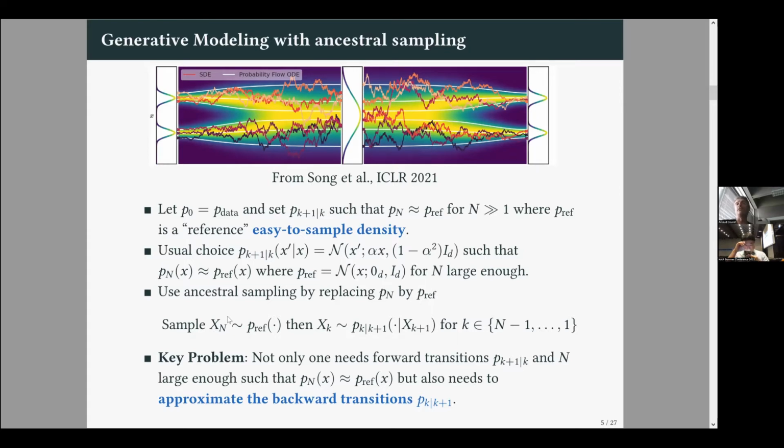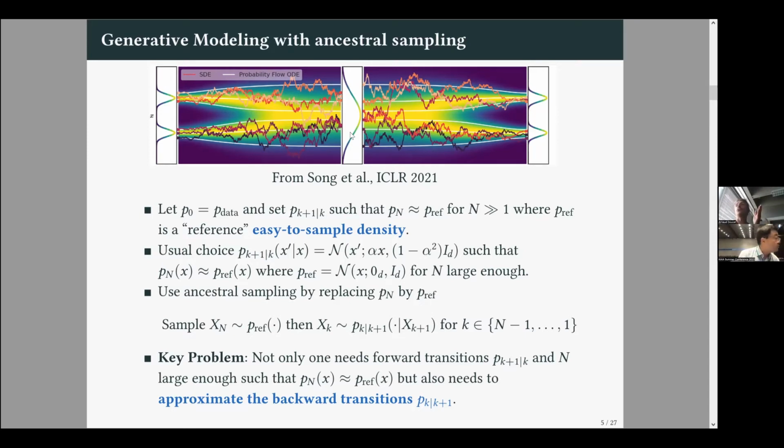Okay. So I give you another illustration here, taken from an excellent paper of Song, who got the best paper award at ICLR in 2021. Here, this is a very simple example where the distribution of the data is simply a bimodal Gaussian distribution. Essentially, you define a forward dynamic that transforms this distribution into a Gaussian distribution.